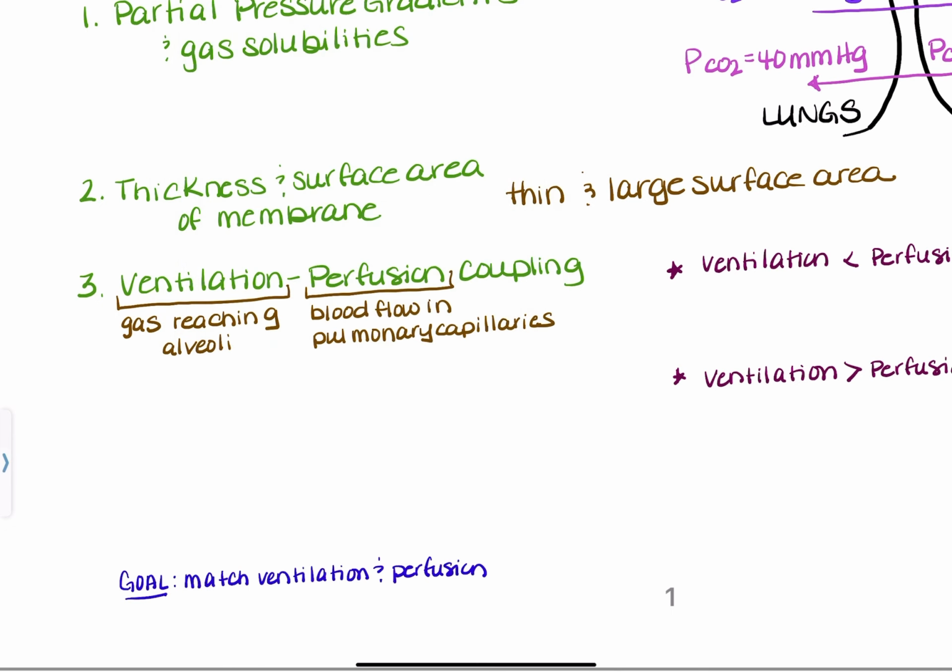Okay, when we're talking about ventilation, or the amount of gas that's able to reach our alveoli, the partial pressure of carbon dioxide is going to play the largest role in this because it can change, that triangle means change, bronchial diameter.